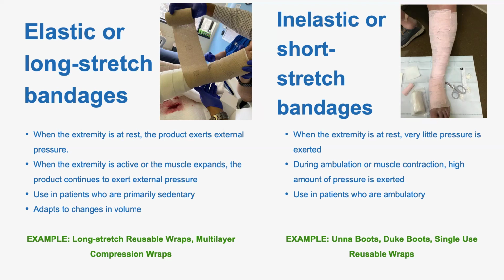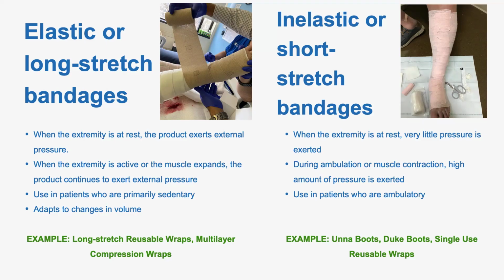As the leg swells, the bandage can accommodate that swelling. With short stretch bandages, very little pressure is exerted when the extremity is at rest. However, when the patient is ambulating, it aids the calf muscle in contraction and pushes fluid out of the leg, and it is mostly used in patients who are ambulatory.